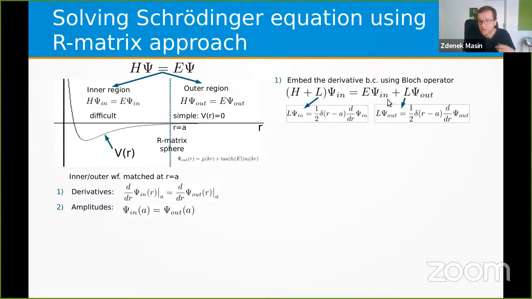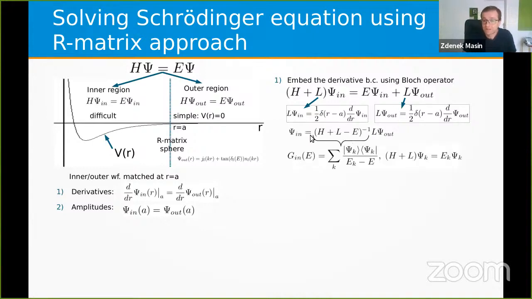By this, we ensure that the solution in the inner region automatically obeys the correct boundary conditions on the R matrix sphere. So we can now express the inner region solution using the Green's function of the Schrödinger equation applied to the right-hand side, or to the source term, which is here.